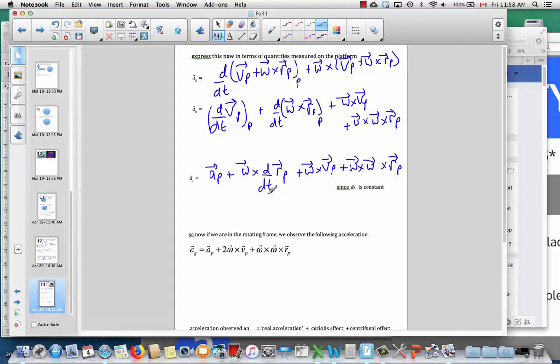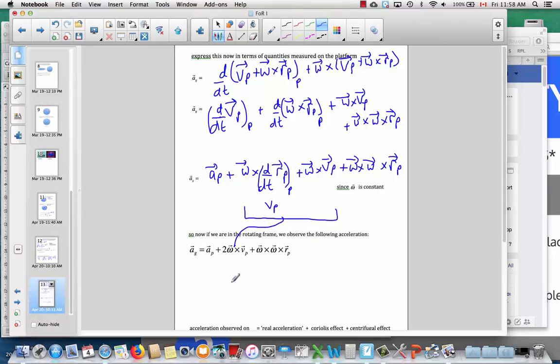Now, this, of course, is just the velocity of the object as measured on the platform. And so we have omega cross v, we actually have two omega cross v terms. And so the acceleration of an object measured on the ground is its acceleration measured on the platform plus these two extra terms.